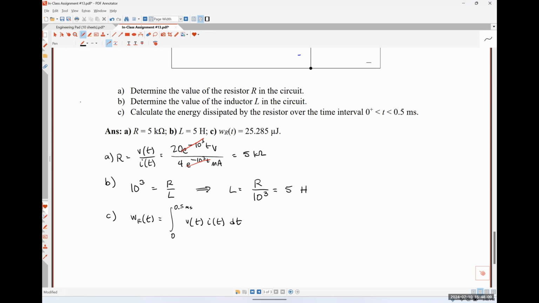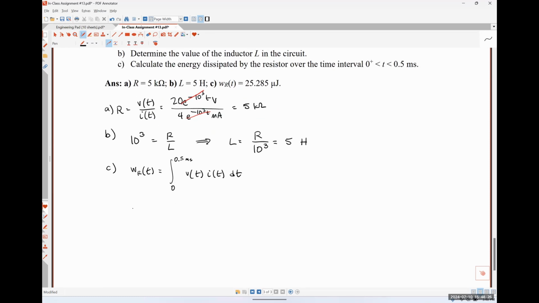So how I am going to do it is to think of it in this way. The energy dissipated by the resistor over that time interval has to be the same as the energy lost by the inductor over that time interval.